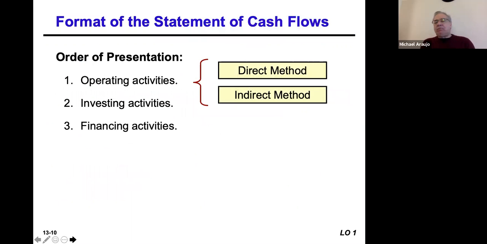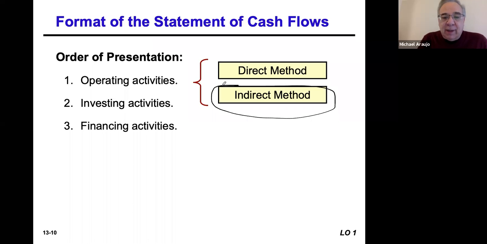Okay. Next class, we're actually going to be preparing a statement of cash flow. The most popular way in which we do that, what you're going to be learning, is the indirect method of doing so. But there's certainly, when you look at a statement of cash flow, you'll see a certain order.